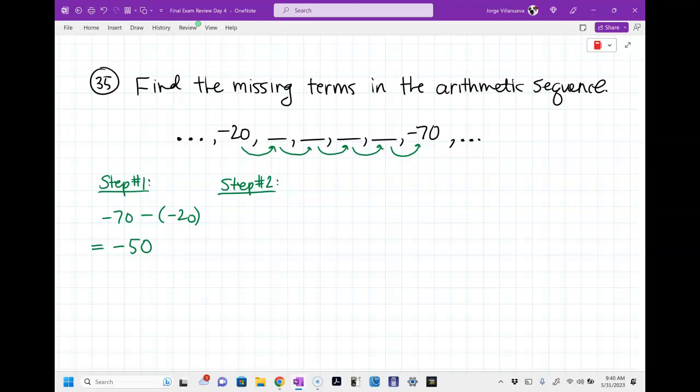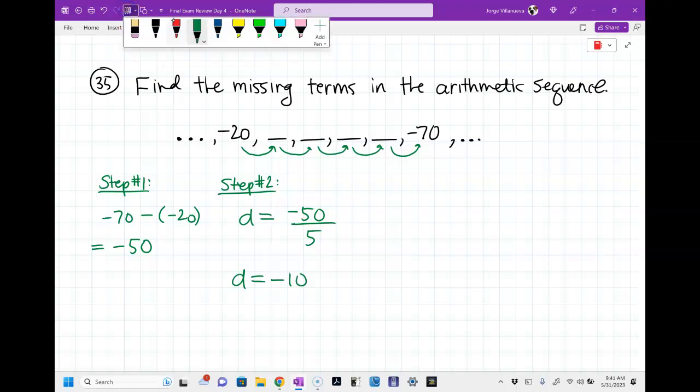Or from negative 70 to negative 20, still 5 steps. So we're going to find our d value, which is the number you got from step 1 divided by the number of steps it takes to get from one number to the last one. That comes out to negative 10. This is your common difference.